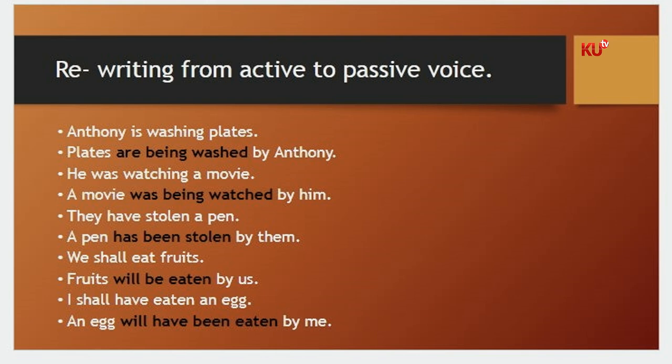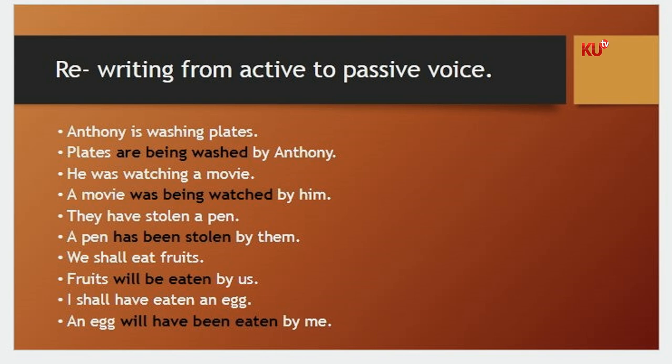If it were just past simple, then we would use was or were alone. But it's past continuous, so we use was and being. So he was watching a movie becomes: a movie was being watched by him.